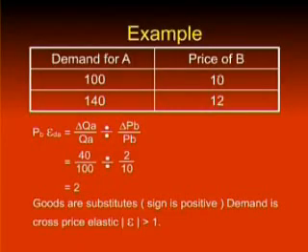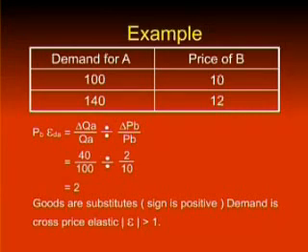Now what does this 2 mean here? The first thing that this says is that the sign of this elasticity is positive. And when should the sign be positive? Think about it. The price of one good is positively related to the demand for another good.